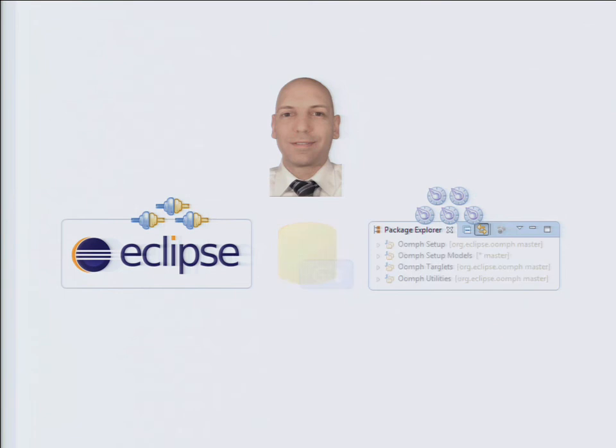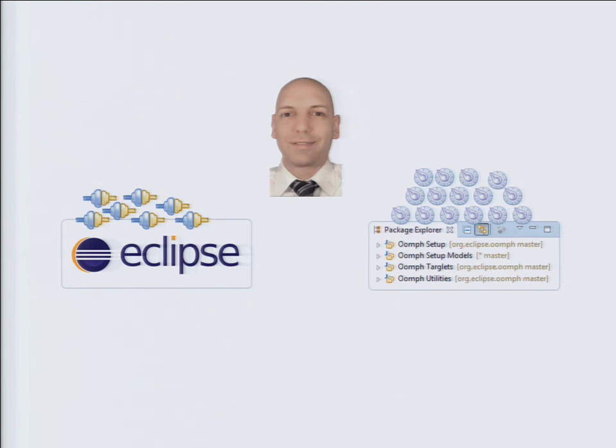Then he can check out the source code from the repository, but he cannot start developing yet because he reads in the setup instructions that the files that he checked out contain diagrams, and he needs to install a diagram editor to open these files. So he installs a new set of plugins, let's say EMF Ecore Tools or Papyrus, and configures them in the workspace.